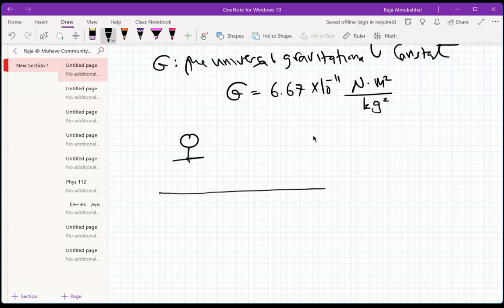Here's one person right here and another person right here. And suppose that they are separated by a distance. We're going to call it R. I'll give you some numbers later.